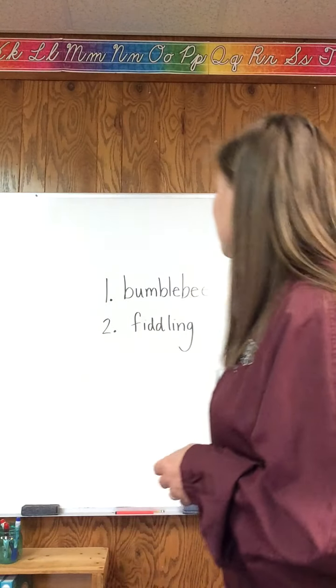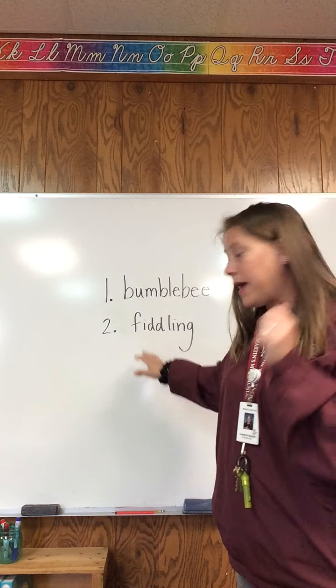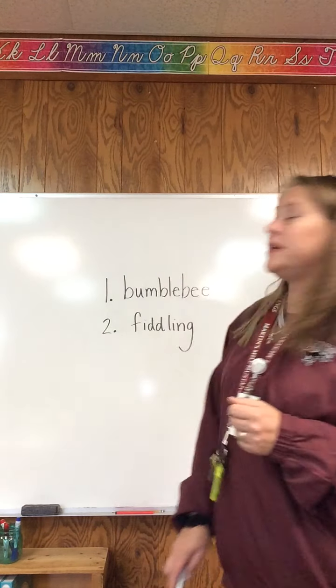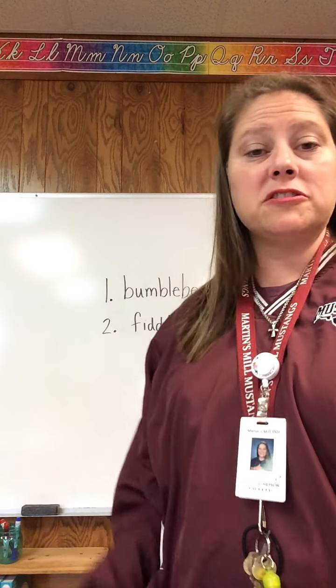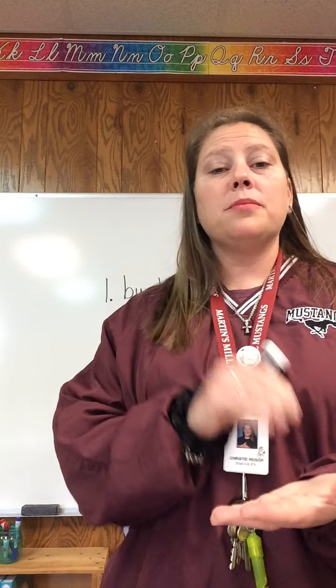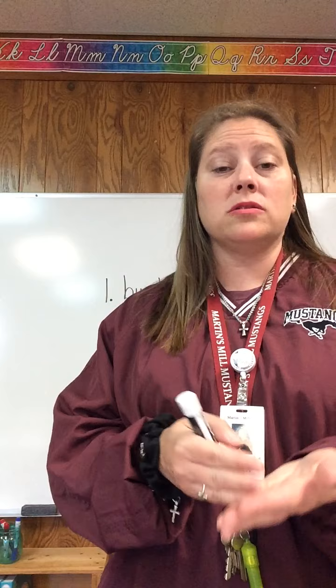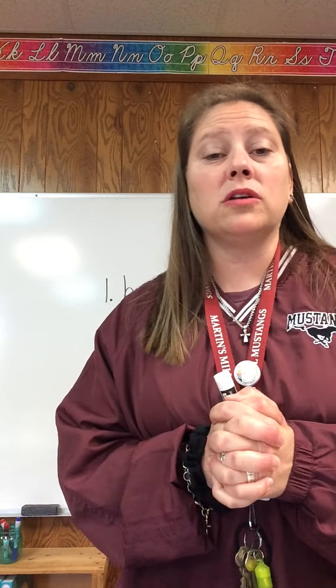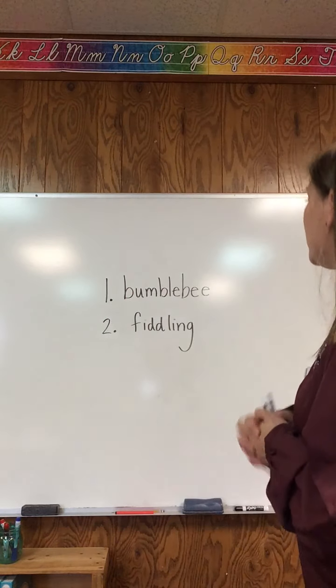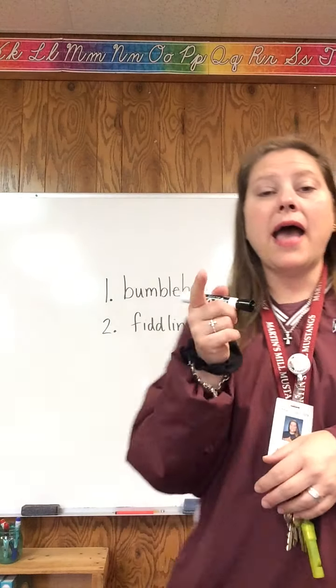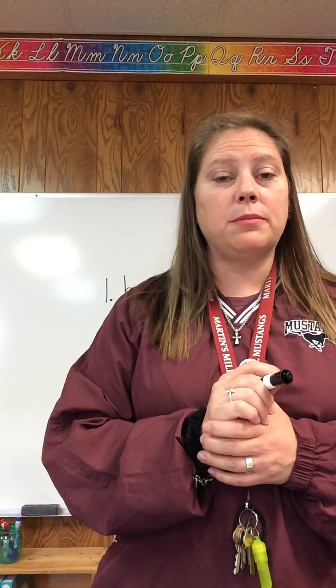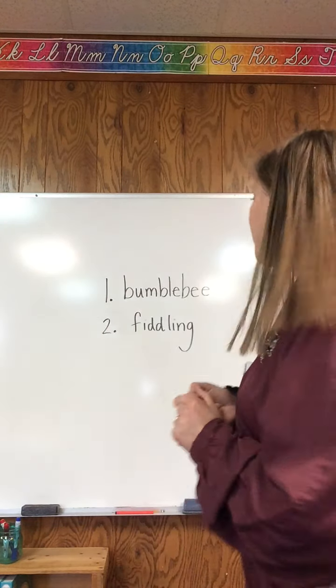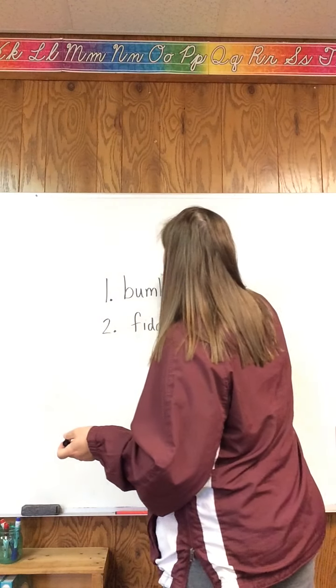Okay, so we're going to take a look at a couple of the words on your page that you're going to need to code today. Again, the first thing we're going to do is look for prefixes or suffixes, which are also called affixes, and look for final stable syllables. When I look up here, I do identify a final stable syllable, so I'm going to code it with the bracket.